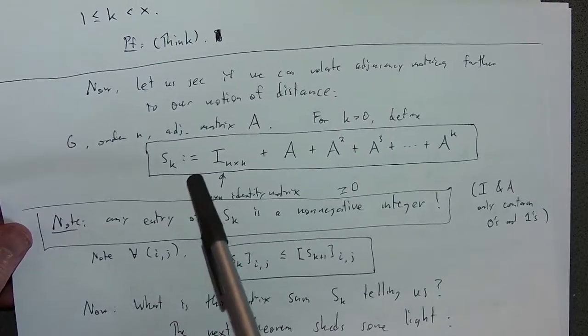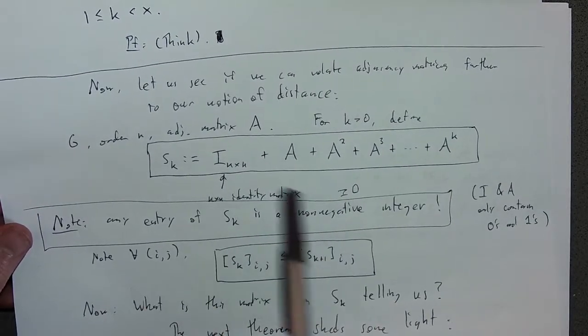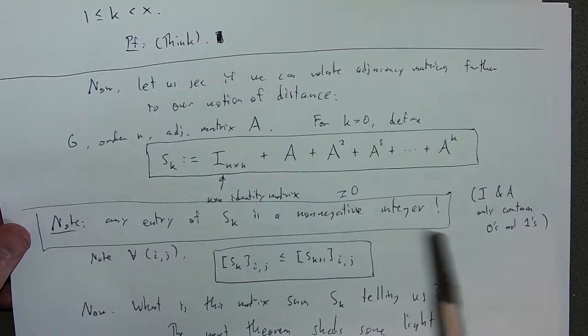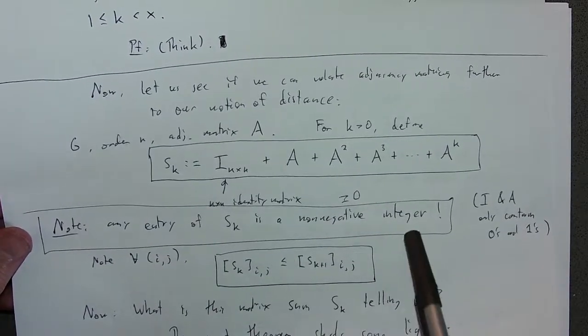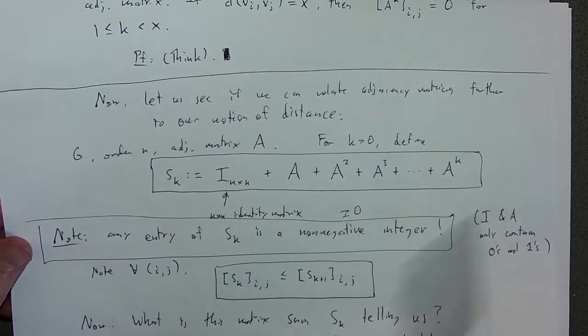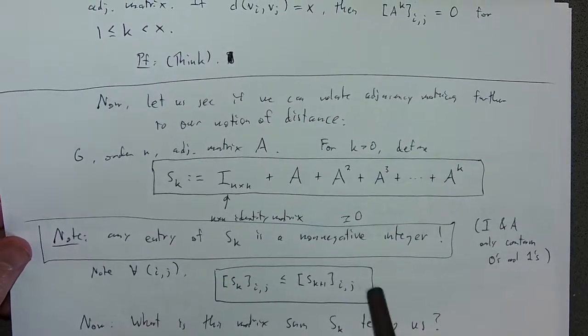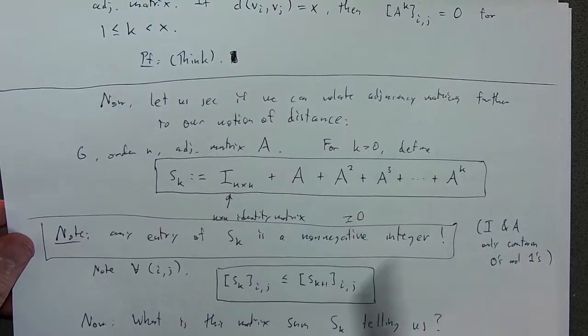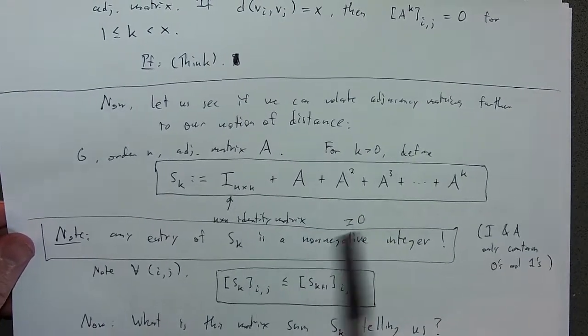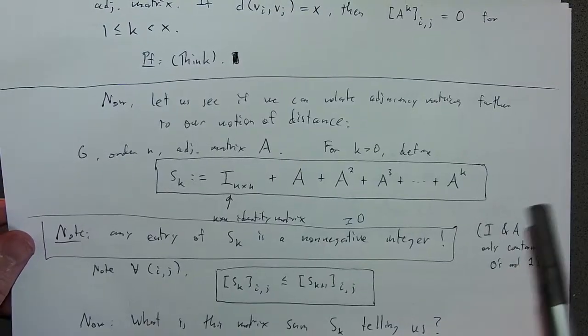Every entry of these S sub K's is a non-negative integer, so as you increase K, you're adding more and more matrices, so eventually all the entries are going to be positive, and they keep getting greater and greater.